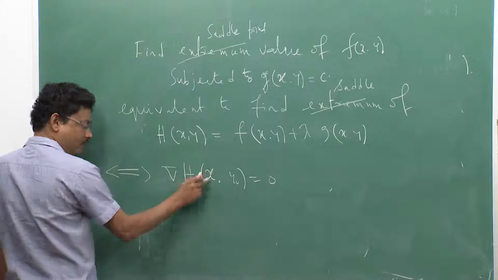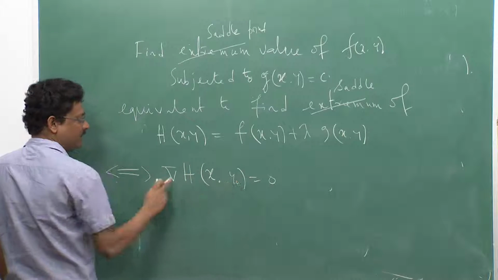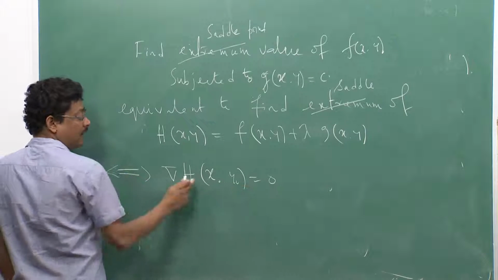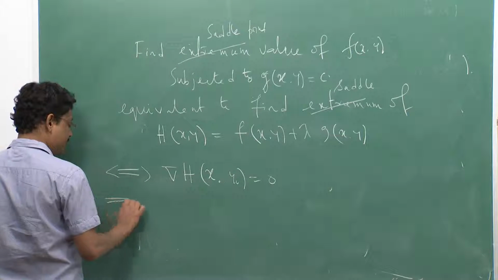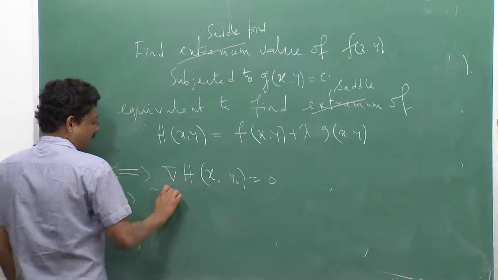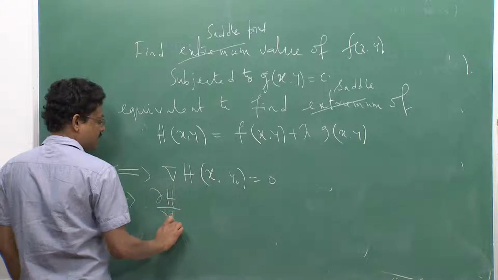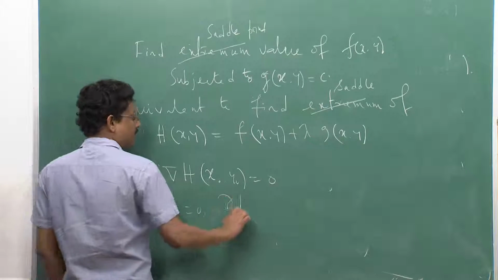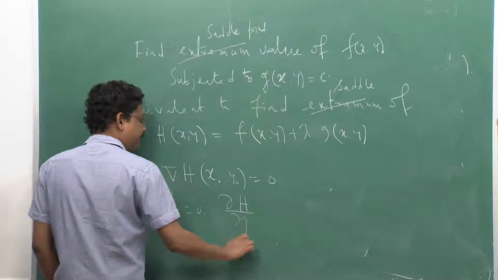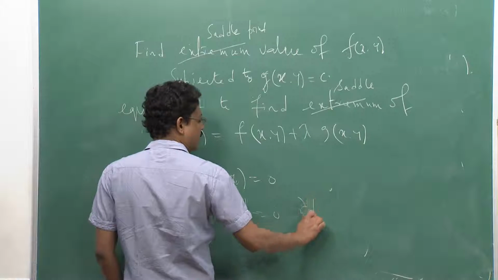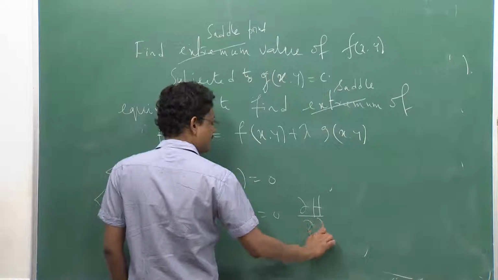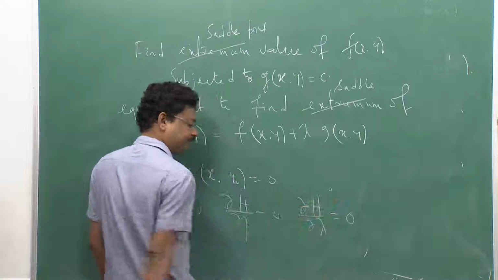So, to locate this point (x naught, y naught), I have to put grad of that function to be 0, which is del h del x 0, del h del y 0, del h del lambda 0.